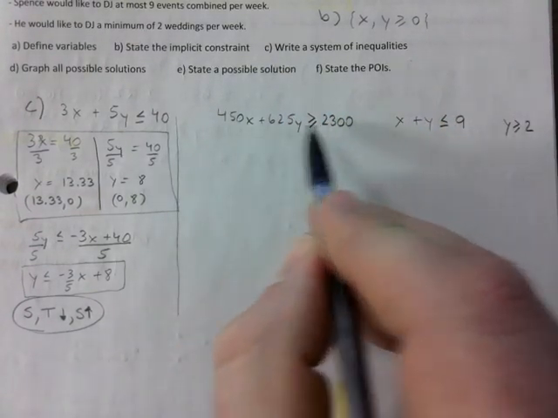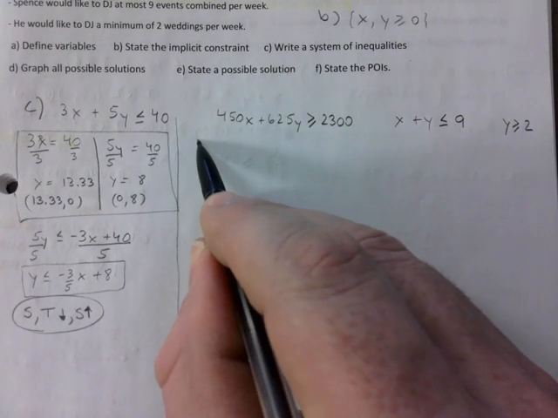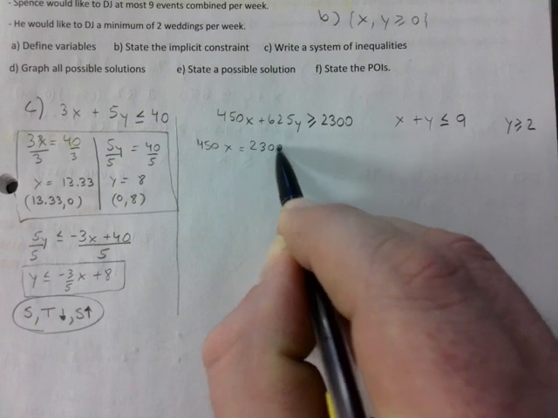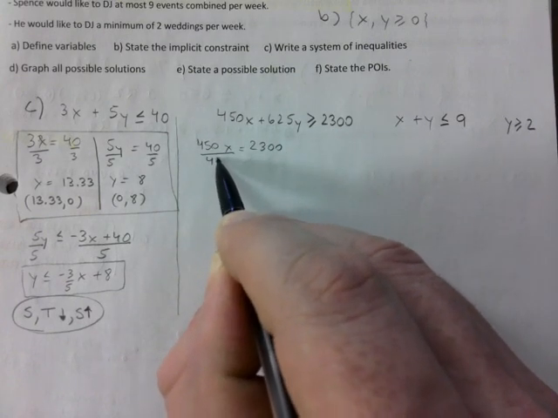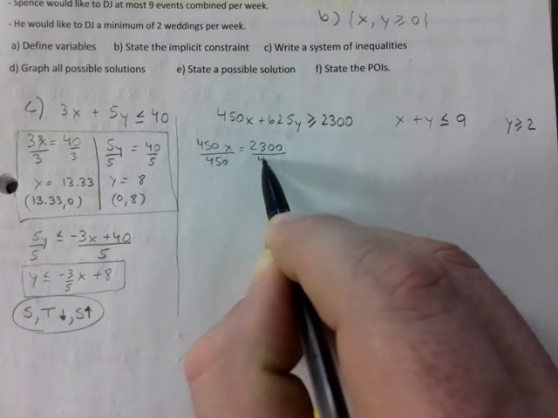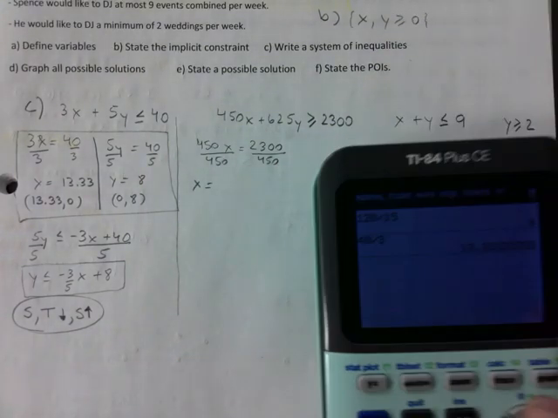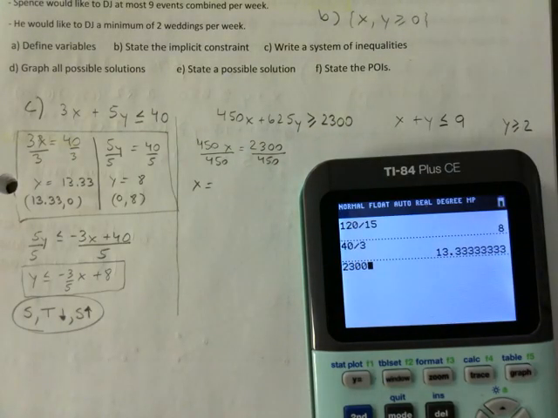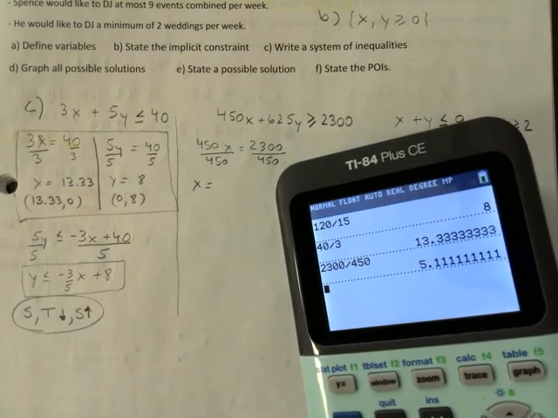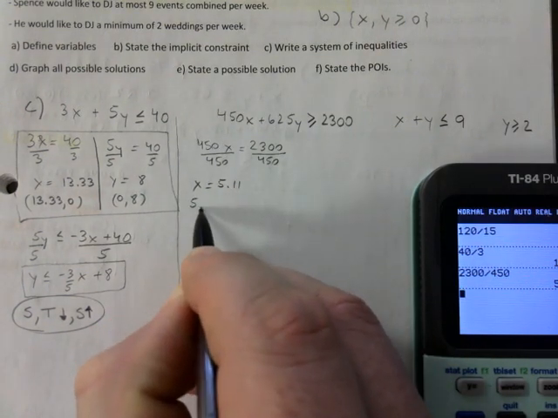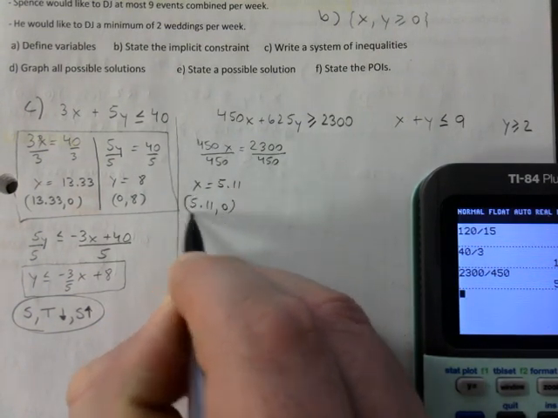And then this part right here, 450x is equal to 2,300. Big numbers, but don't fear, it'll be just fine. You've got a calculator, remember. So that's 2,300 divided by 450. That's 5.11. So 5.110.